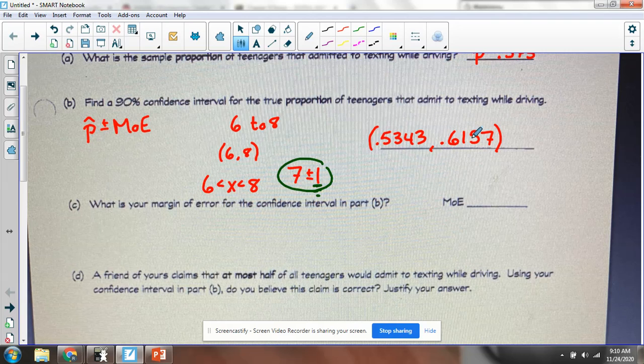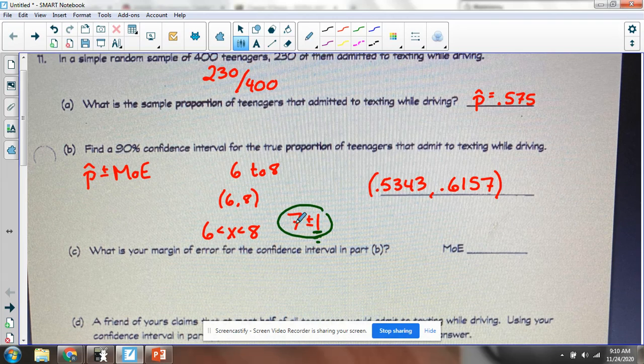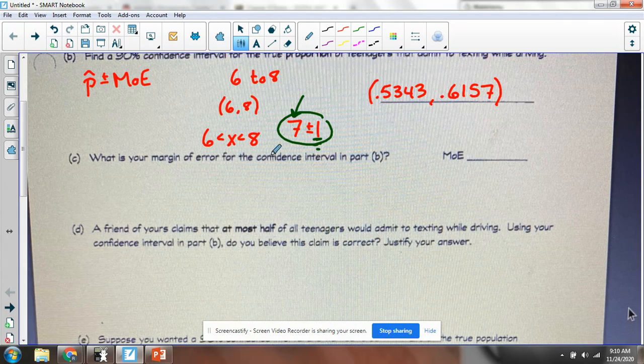So I need to figure out what I am adding and subtracting to get these 2 numbers. The middle number is our point estimate, p hat. So to get these 2 numbers, I'm taking 0.575 and adding and subtracting something. When I subtract that number, I get this. When I add that number, I get this.